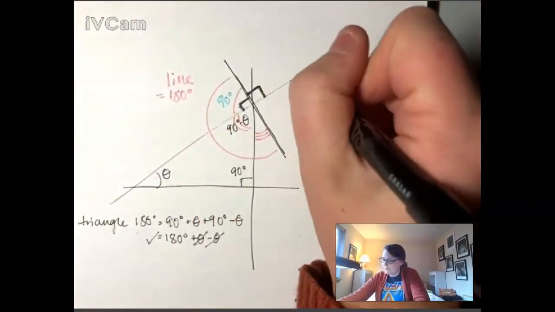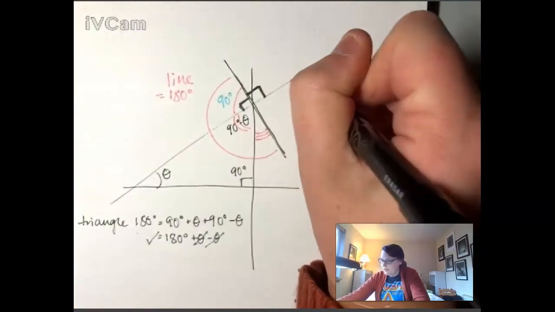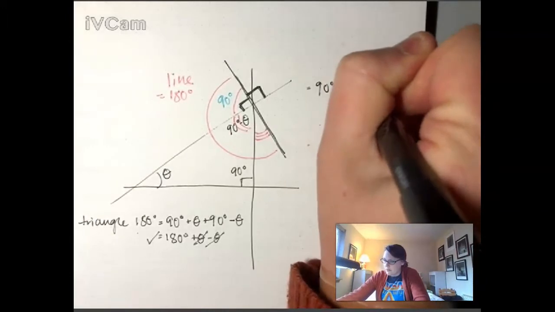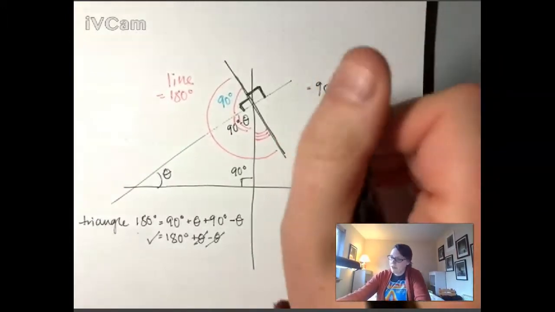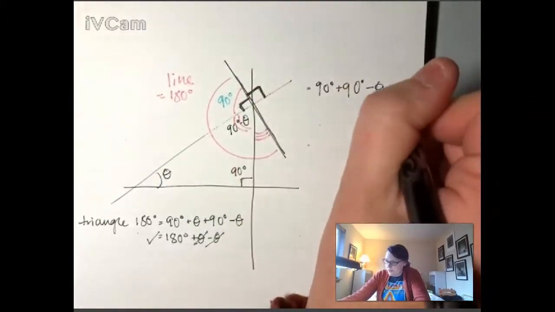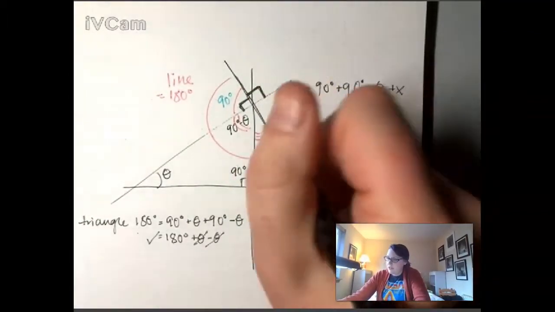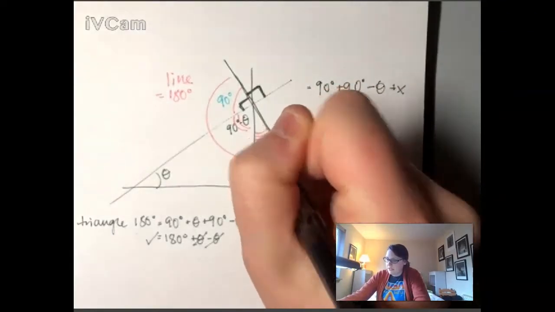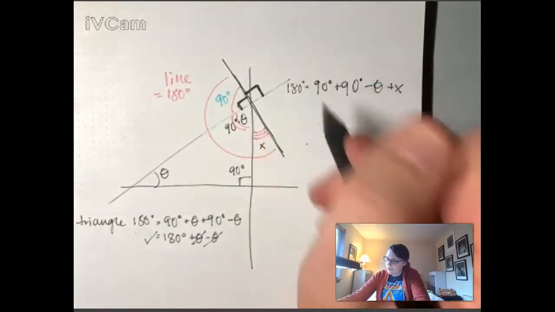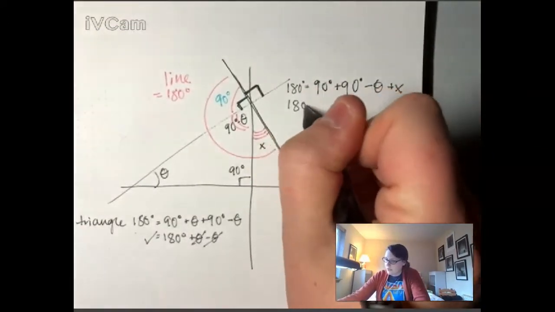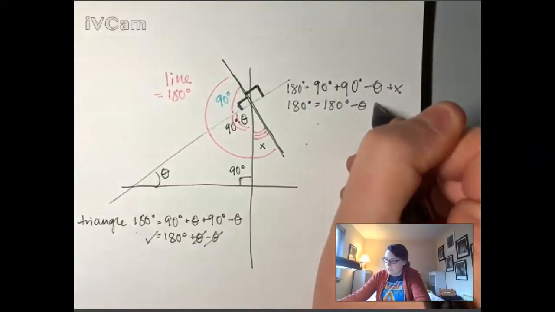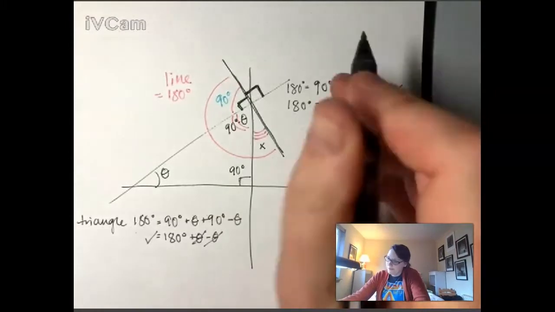So let's check it. I've got 90 degrees plus 90 degrees minus theta, plus x. I'll call the remaining unknown angle x, if you want, right? So this unknown angle over here, x, this all has to add up to 180 degrees. Well, 180 degrees equals 180 degrees, ooh, minus theta plus this unknown angle.